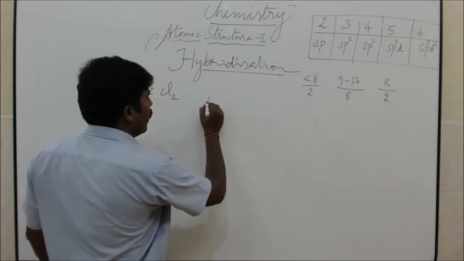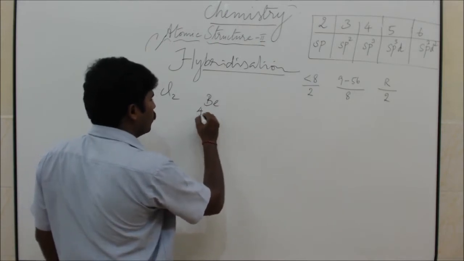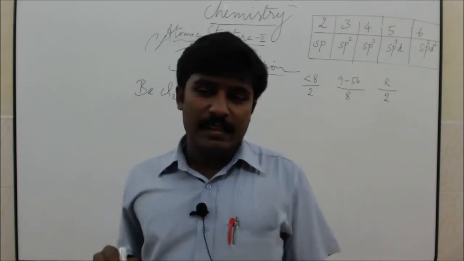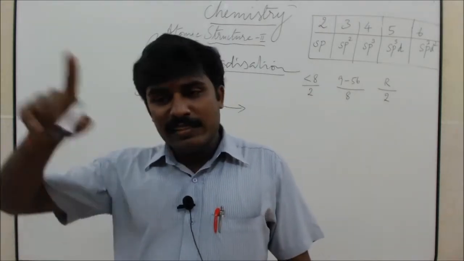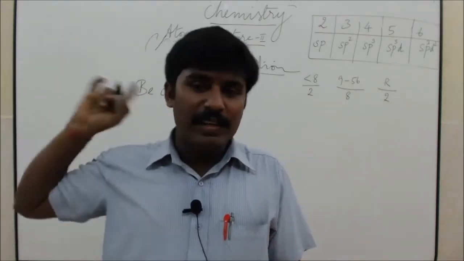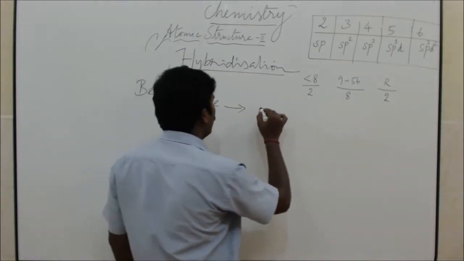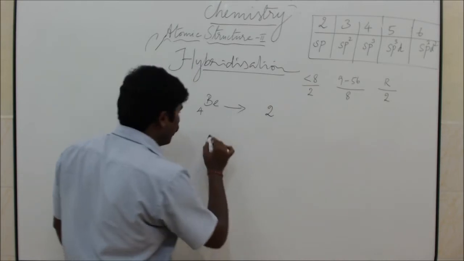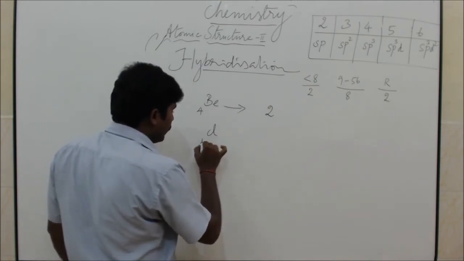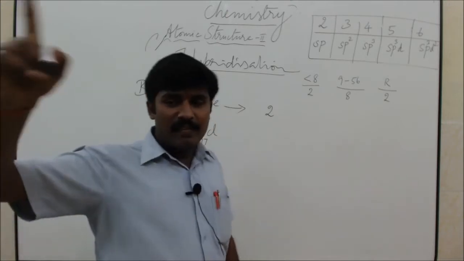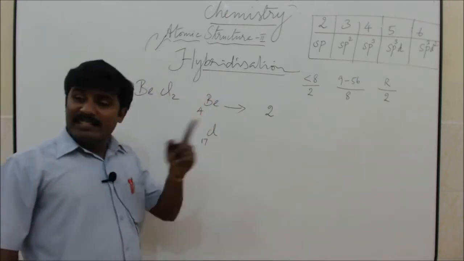Okay, first we will discuss beryllium chloride. For beryllium, the atomic number is 4. So what is the valence electron? First 2 electrons enter the K shell. The next 2 electrons are in the second shell, the last shell, nothing but the valence shell. So how many valence electrons are present in beryllium? You have 2 electrons. For chlorine, the atomic number is 17, so 2, 8, 7. One chlorine contains 7 electrons.